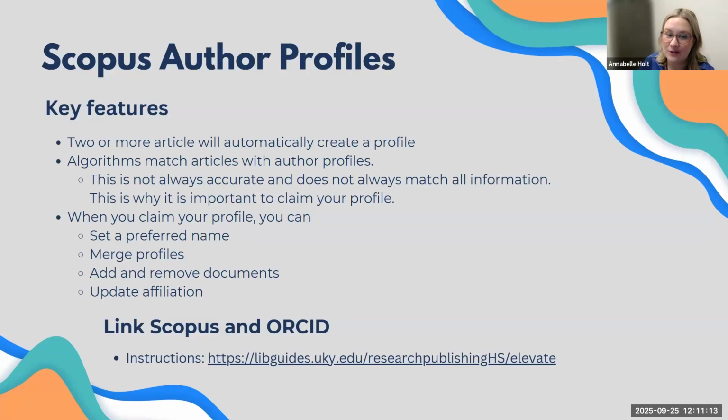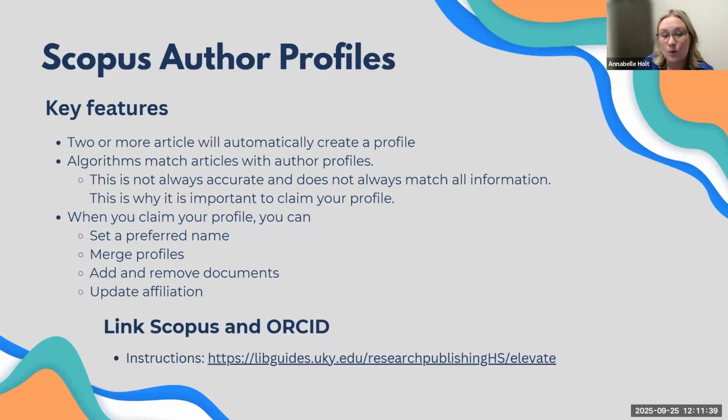But if you go on and claim your author profile on Scopus, you can request corrections to make sure that your record is accurate. And you can manually add more of your information there as well to flesh out your profile. This profile also includes metrics such as your total citations, the H-index, and information about your co-authors in your network.